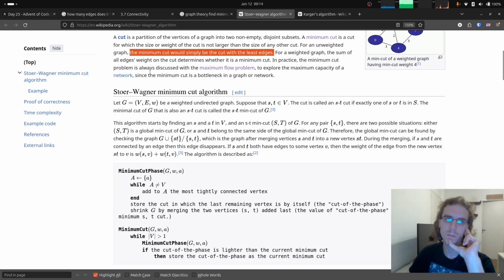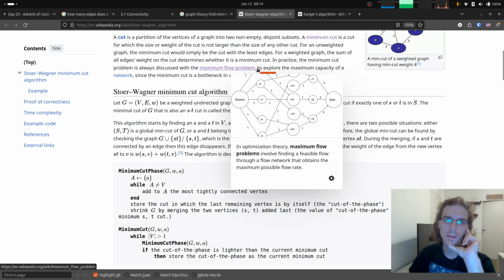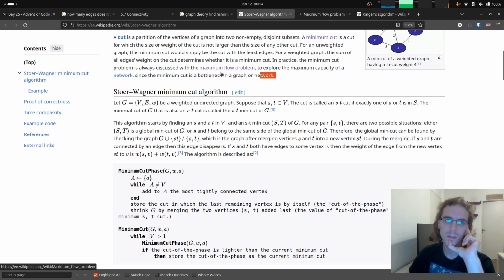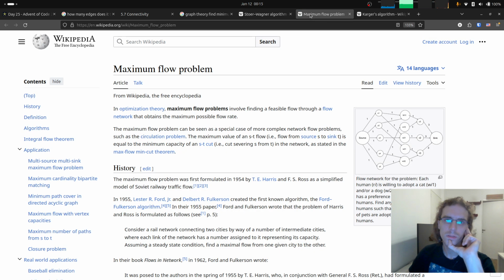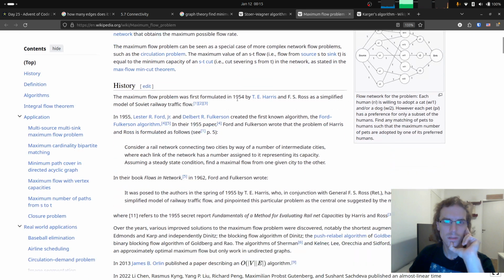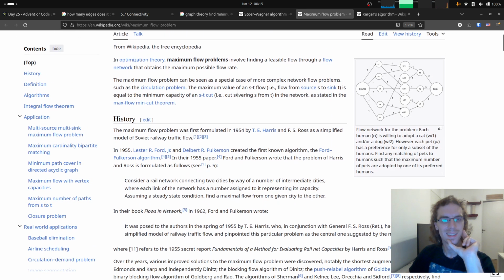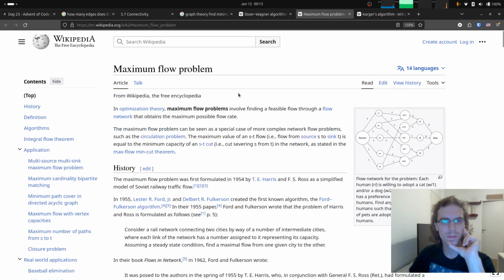In practice, the minimum cut problem is always discussed with the maximum flow problem, and this is in violet color. So I have already fallen in here previously, but I think I closed this immediately.